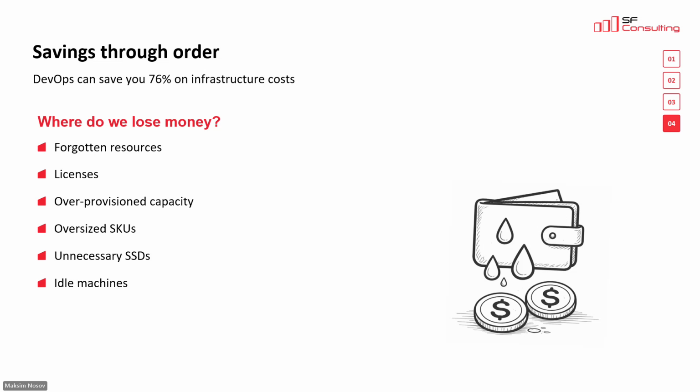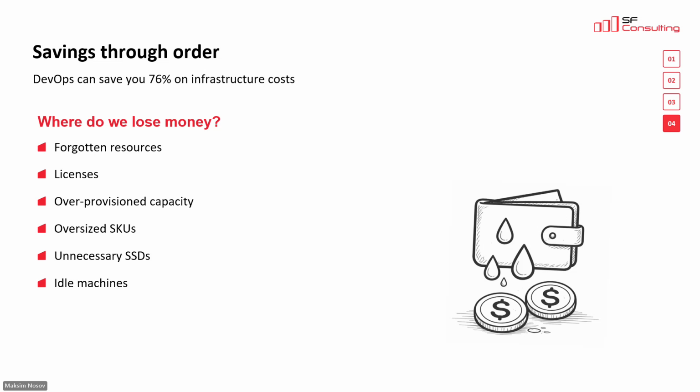Let's be honest with each other, that every project over time has forgotten resources like old backups, storage accounts, or even entire environments. And then it comes to licensing, because licenses have been bought with a big buffer, but were they really used? Or do you simply keep paying year after year for empty seats?